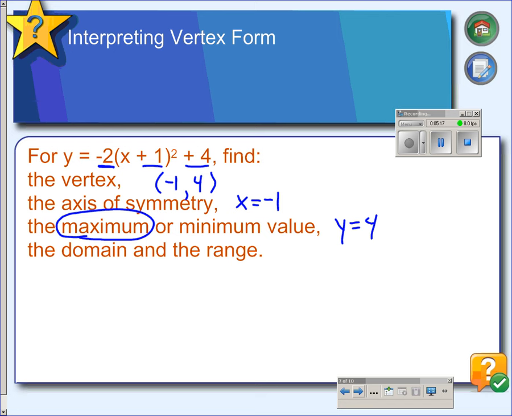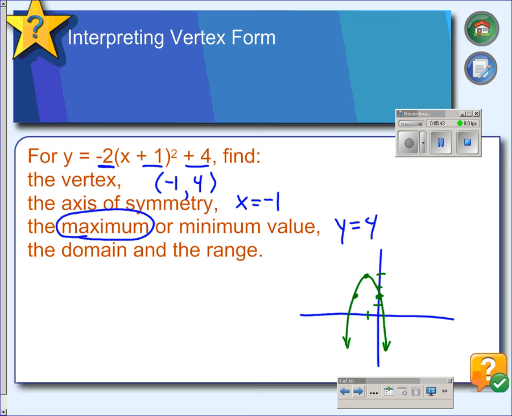So if we were to graph this function, we would have a vertex at negative 1, 4, right there. And then the negative 2 tells us that the function is going to stretch and it's going to flip over, so it's going to go upside down.